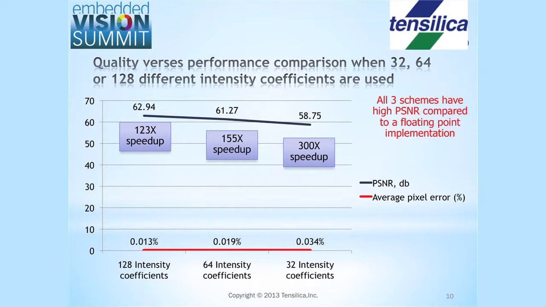To put that in percentage terms, that means we were choosing in terms of average pixel error of things on the order of 1 to 3 100ths% of error relative to the full resolution, original, non-quantized table lookup.